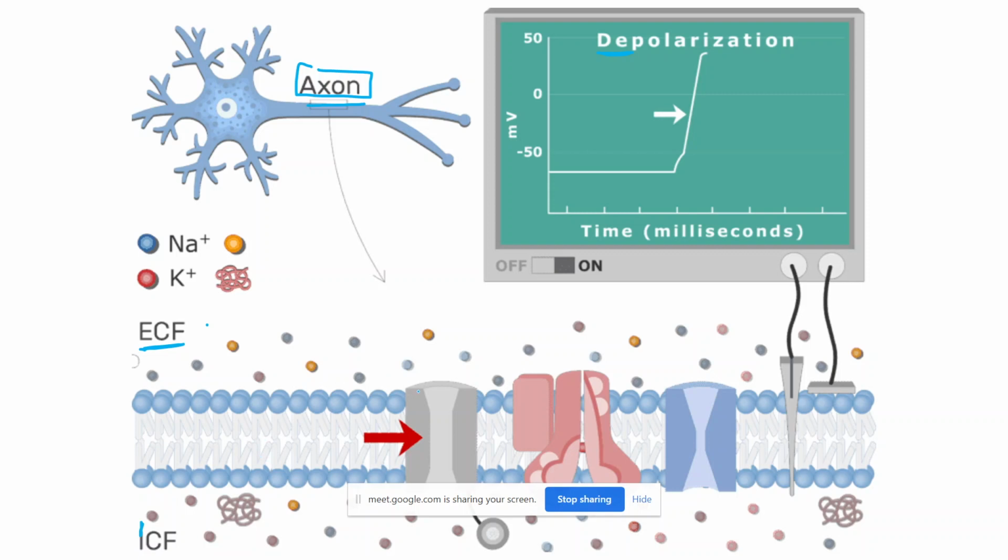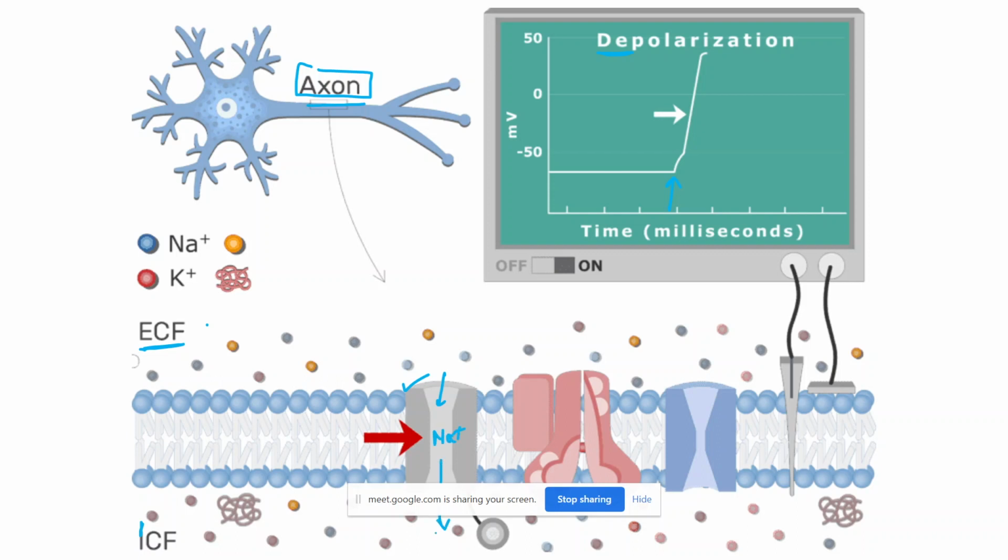Now, as you can see here, these are your ion channels. So these are your sodium ion channels. And when the sodium ion channels open as a result of depolarization, because there was a stimulus which resulted in the opening of these ion channels, then from outside there will be an influx of sodium ions inside.